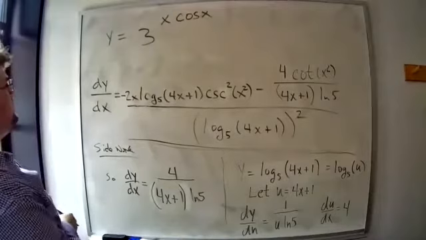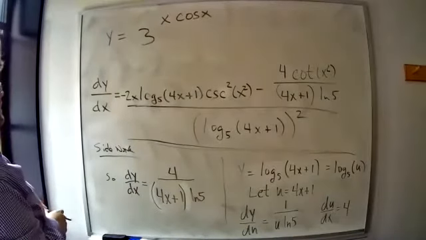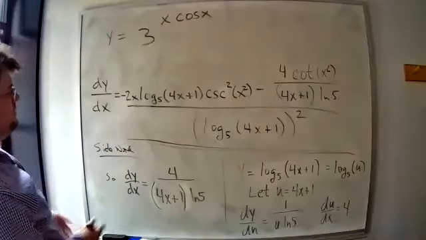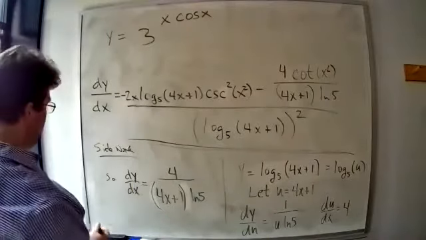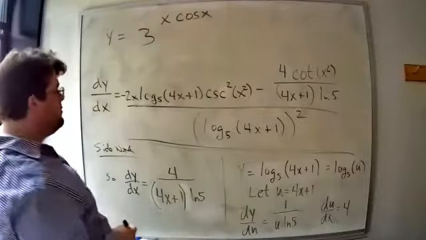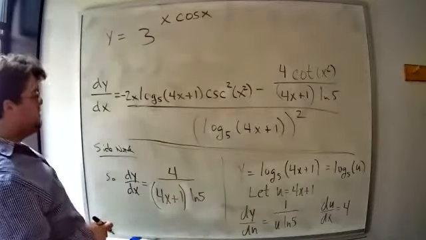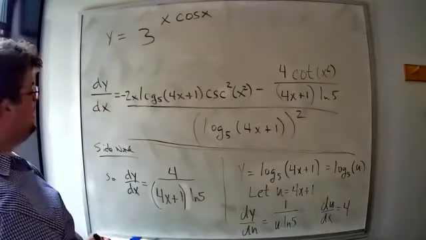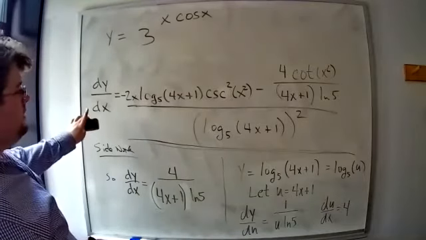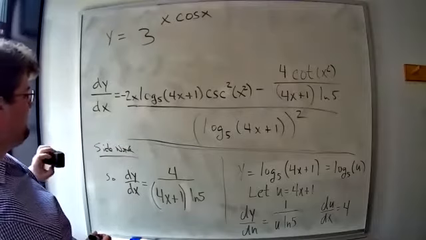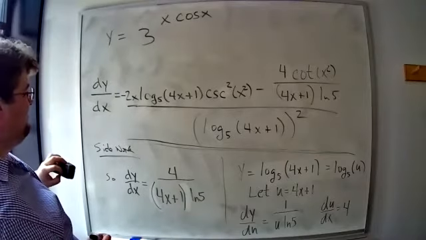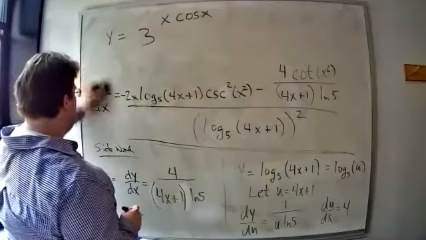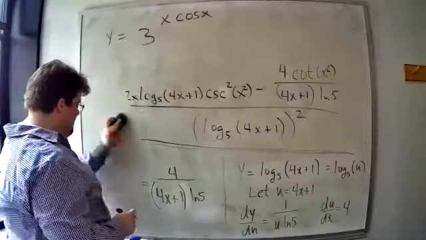That's part H, 3 to the x cosine of x. Well, with general exponentials, I generally do like to write out the substitution because I think there's a lot to keep track of with them. Does anyone not want me to erase this answer for part G yet? Okay, then I'm going to start erasing.